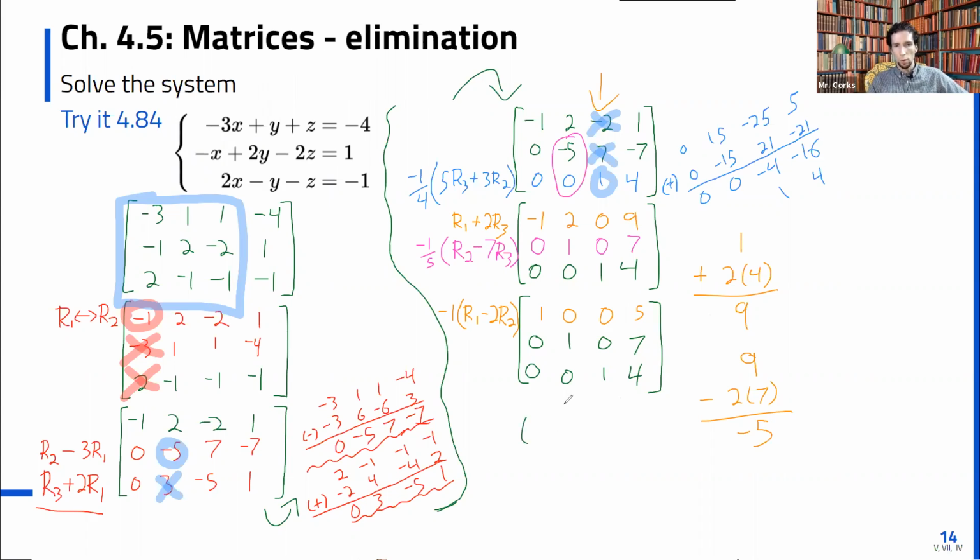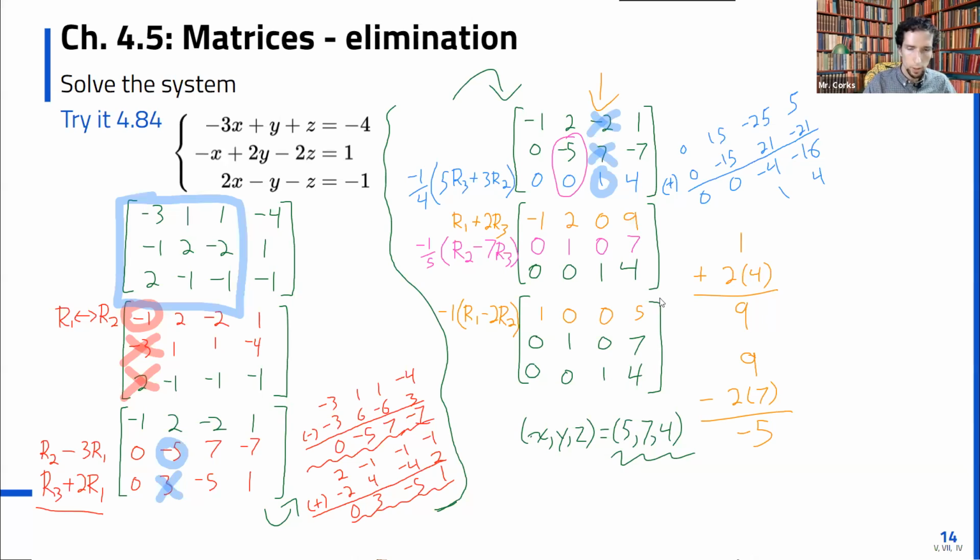So our whole solution here, then, our X, Y, Z coordinates are 5, 7, 4. So we get X equals 5 from the first row, Y equals 7 from the second row, Z equals 4 from the final row. So there is our solution.